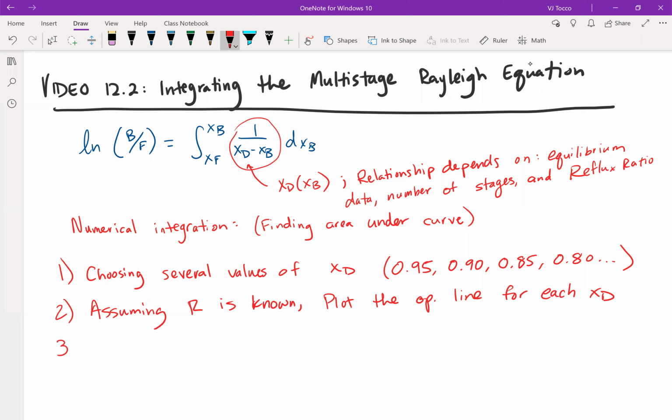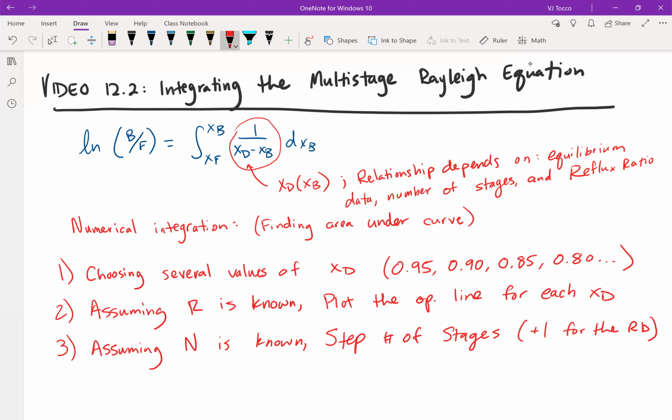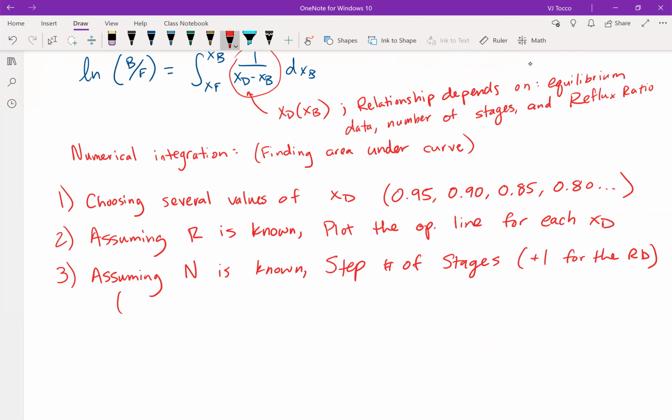Then step 3, assuming n is known, I can step the number of stages, where again, you have to be careful to count the reboiler as a stage, plus 1 for the reboiler. And I'll put parenthetically here, since the entire column is above the feed, there is no feed, remember.